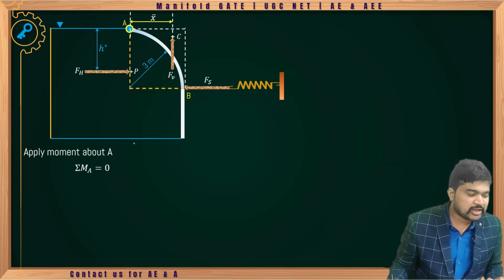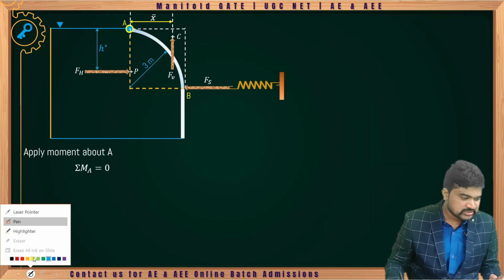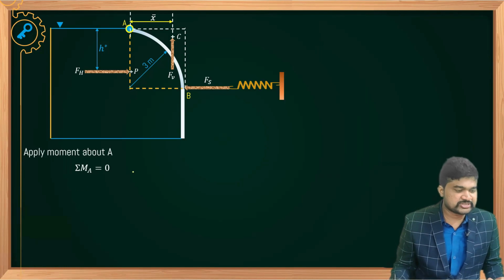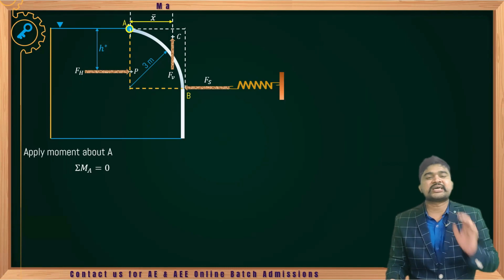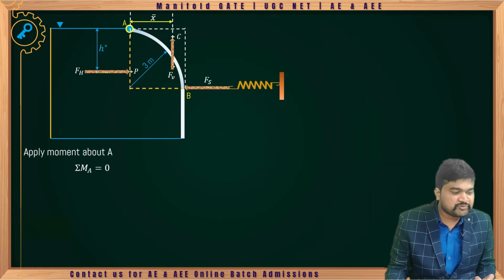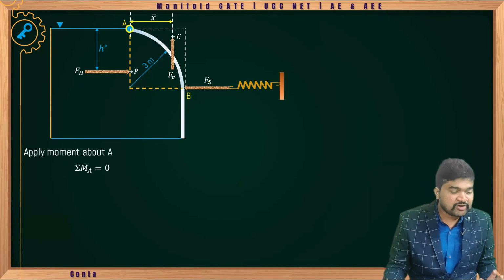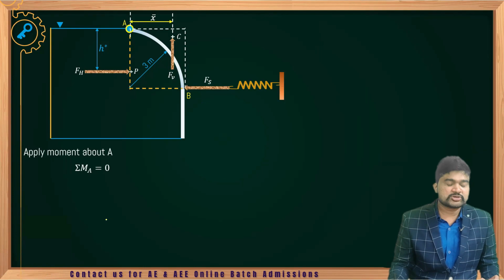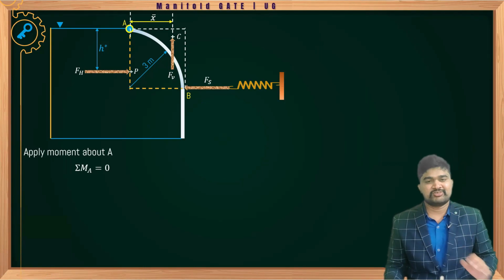Now we can apply moment about A, moment about the hinge. So what is the thing, tell me? Moment of FH about point A, clockwise or anti-clockwise? Anti-clockwise. Moment of FV about point A, anti-clockwise. Moment of FS about point A, clockwise. Sum of the clockwise couples equals sum of the anti-clockwise couples.